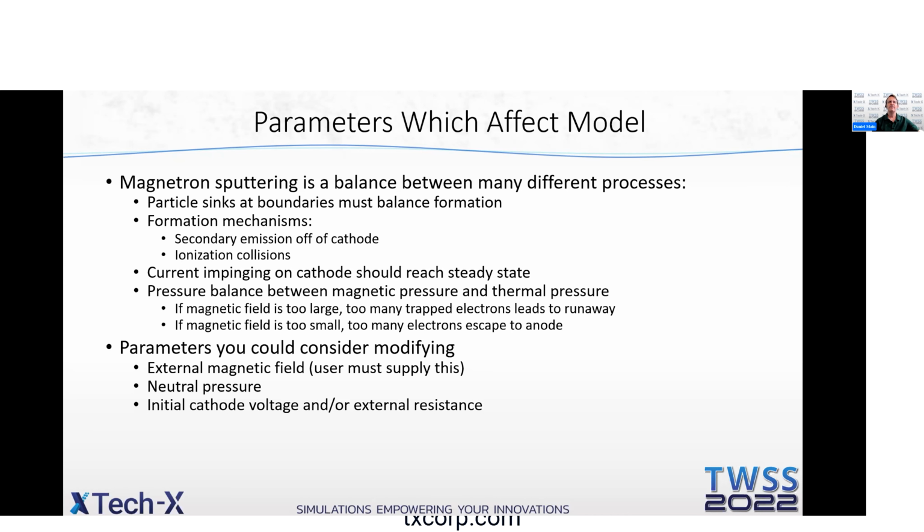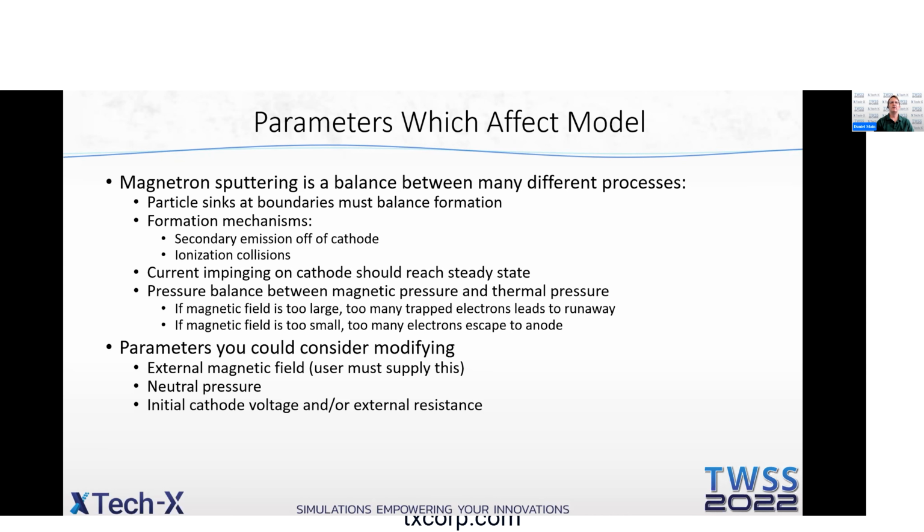And then furthermore, you can imagine that near the cathode, you're going to be getting a large buildup of secondary electrons, and you're going to have some sort of pressure balance between these thermal secondary electrons wanting to expand out and trapping due to the magnetic field.